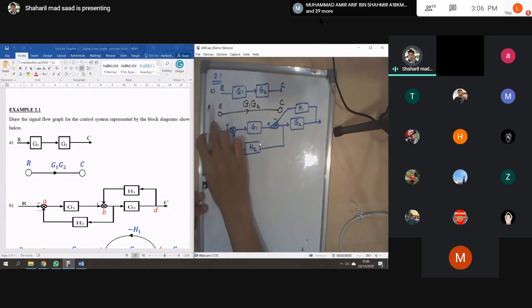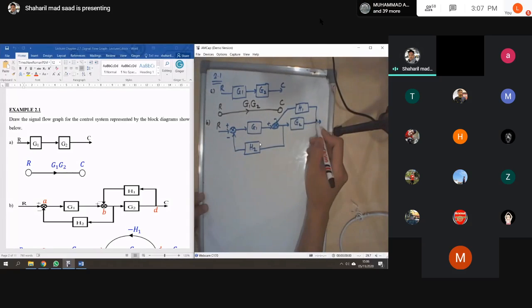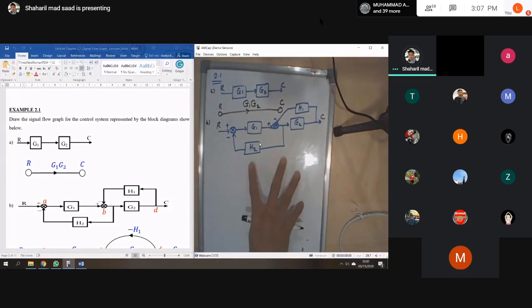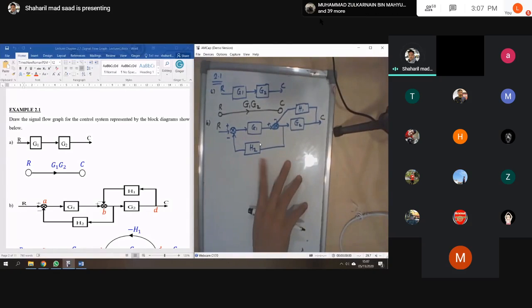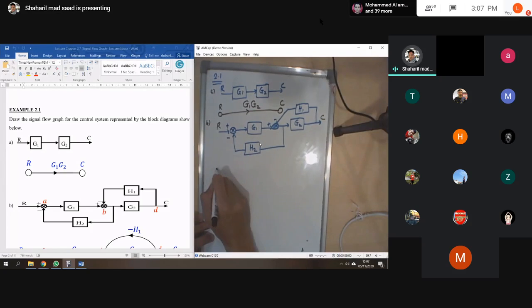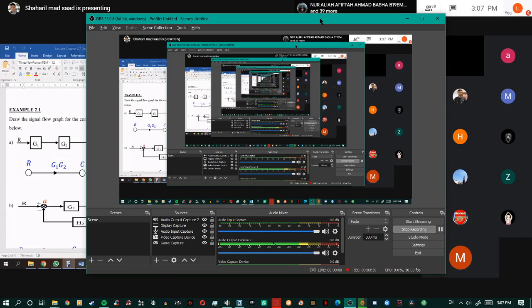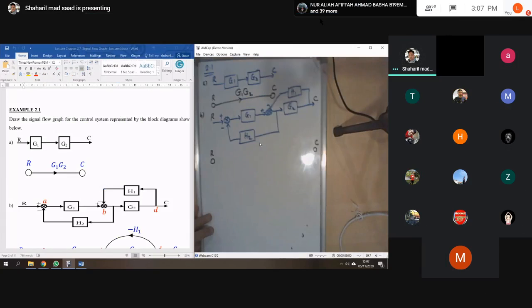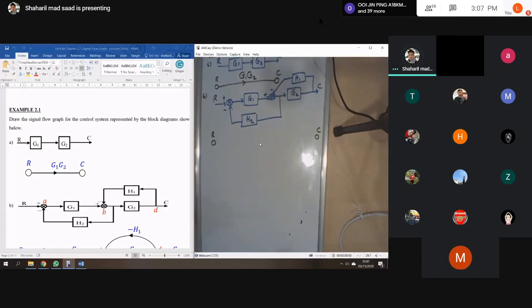The input is R and the output is C. So you got this block diagram. How to draw the signal flow graph? First of all, you draw the node for the input and the node for the output, C. Then the second step is you need to identify the summations.